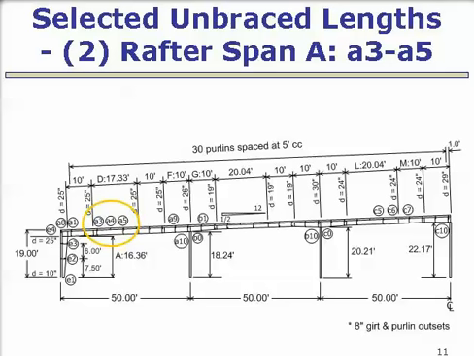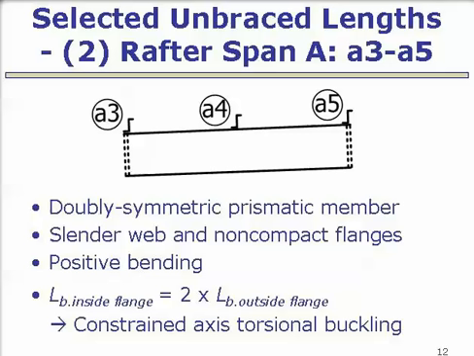The second member we looked at is the A3-A5 member in the first rafter span. And this is actually a doubly symmetric prismatic member. It has a slender web and non-compact flanges. It's in positive bending. And this is the case where you need to look at the constrained-axis torsional buckling.